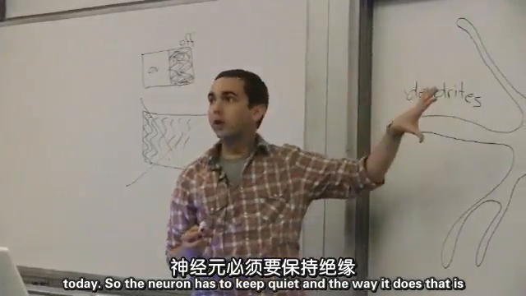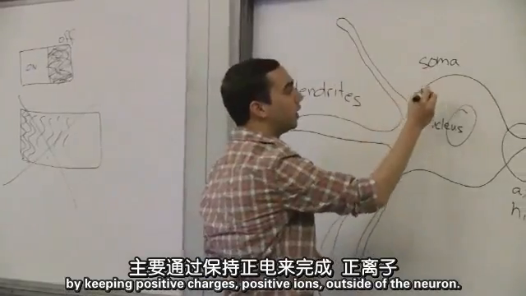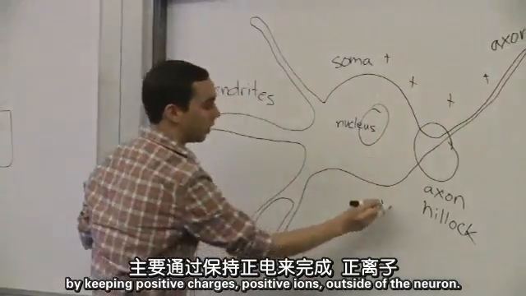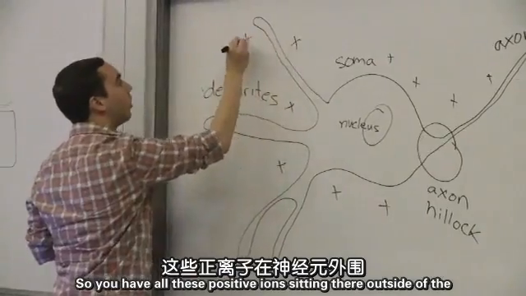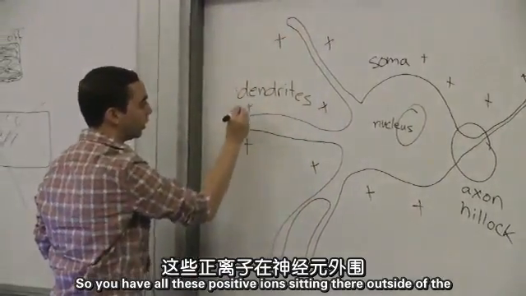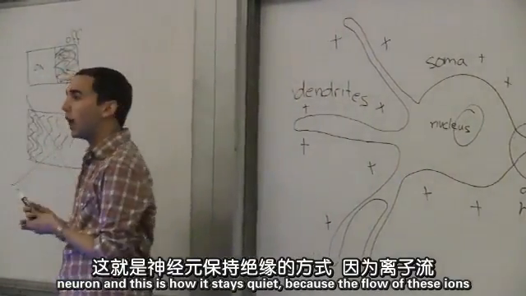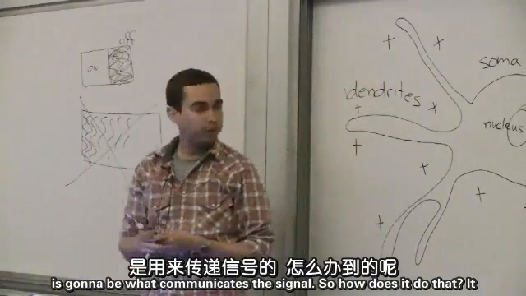So the neuron has to keep quiet. And the way it does that is by keeping positive charges, positive ions, outside of the neuron. So you have all of these positive ions sitting there outside of the neuron. And this is how it stays quiet, because the flow of these ions is going to be what communicates the signal.